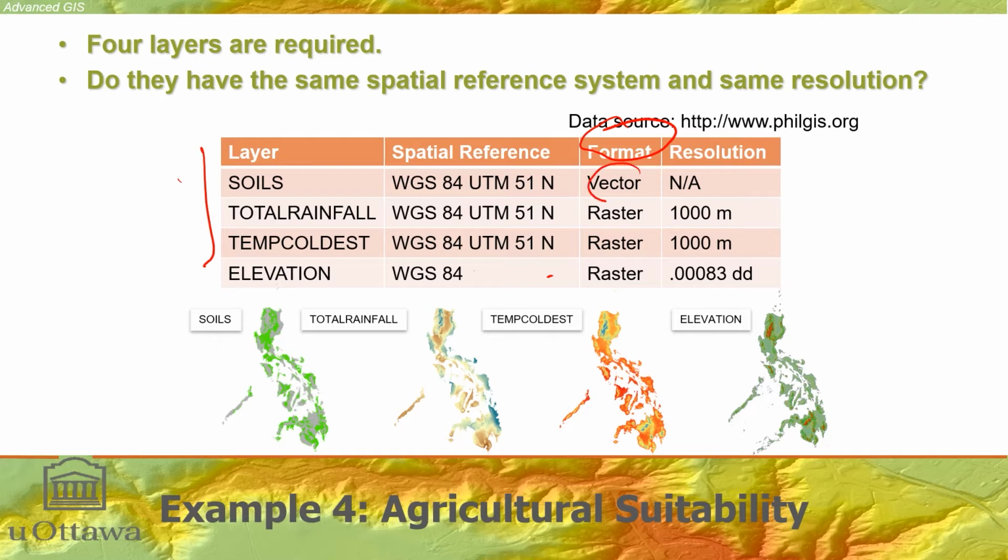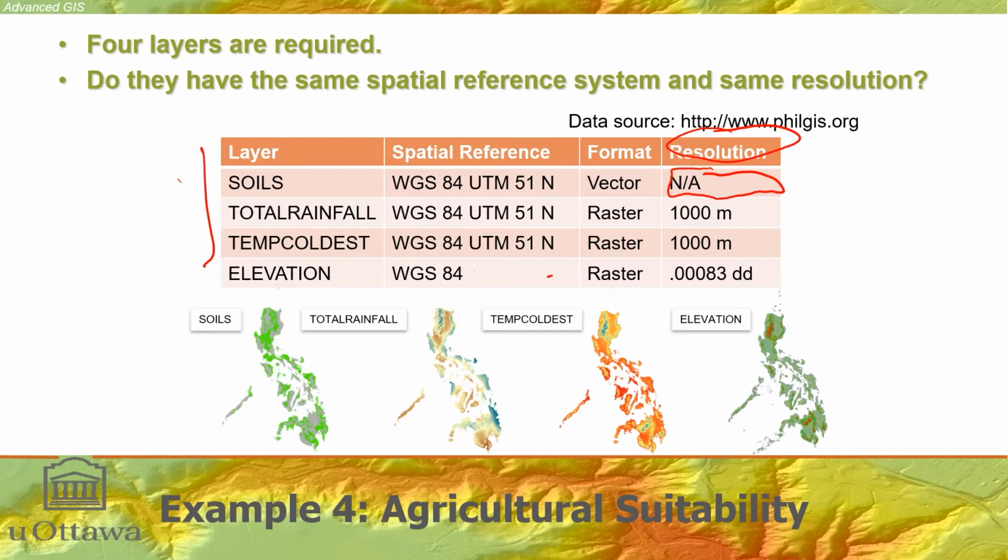Then we look at the format of each one. Soils is vector. The rest are all raster. So that means there's also going to be an encoding having to be done here. So a raster encoding where we encode the soils information from vector to raster. And then finally we look at the resolutions. Well, the vector layer, we have no cell-based resolution because we don't have one.